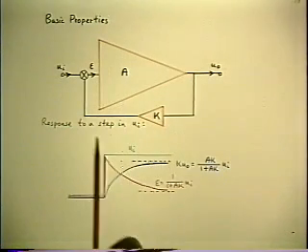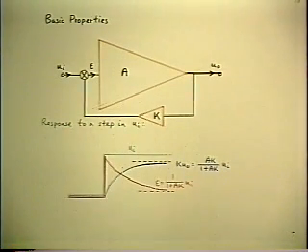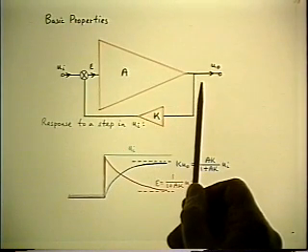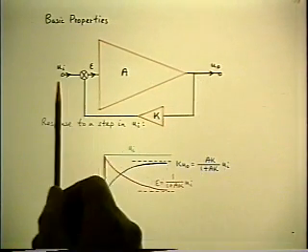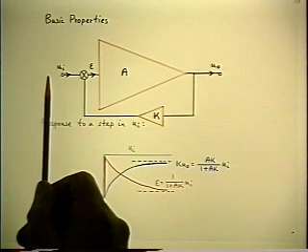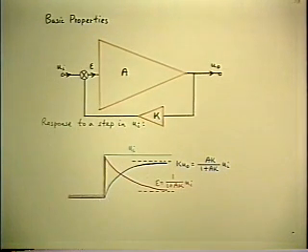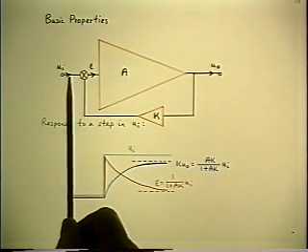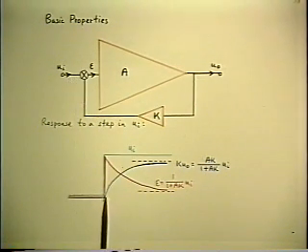Now, when you close the feedback loop around it, the closed loop gain may be only 10, maybe even less than that. 10's a typical number. Therefore, to drive the output to full scale, plus or minus 15 volts, closed loop, requires an input of plus or minus 1.5 volts. But if you apply that 1.5 volts as an initial step, to begin with, there is no feedback.